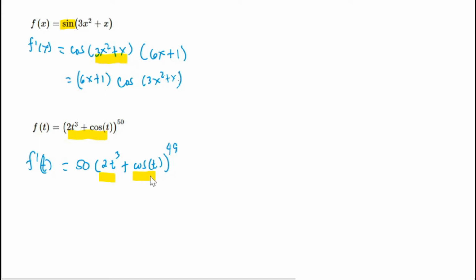So the derivative of 2t cubed now is equal to 6t squared, and then derivative of cosine t is negative sine t. So negative times positive becomes now negative sine t. So in this case, since the angle is t and we know that derivative of t is just 1, then no need to write here times 1, because a number multiplied by 1 will just give us the same number.